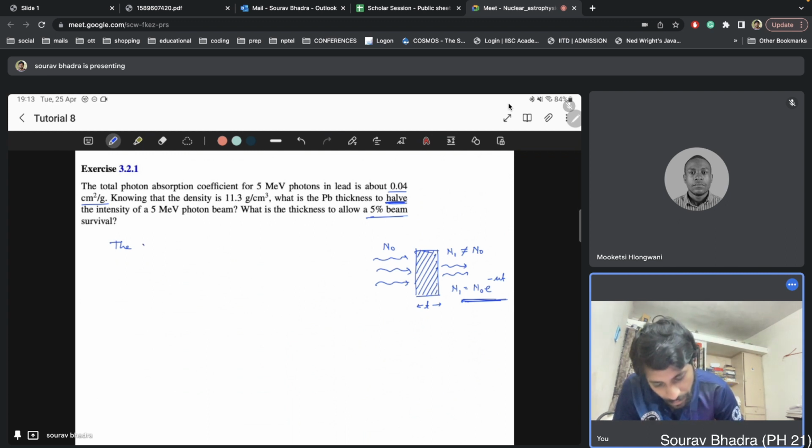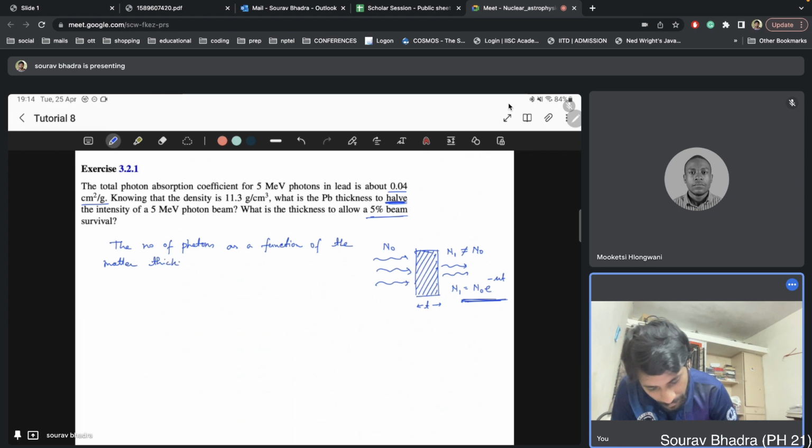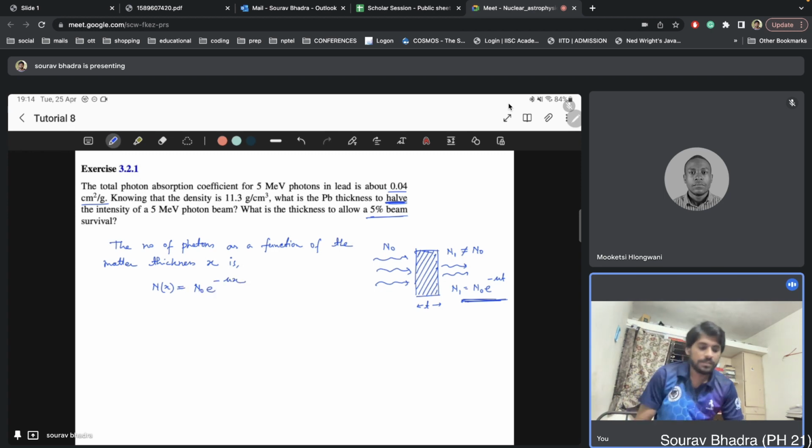So I am writing it, the number of photons as a function of the matter thickness x can be written as n of x equals n0 e to the power minus mu x. So nx is the intensity after the radiation passed through a material with thickness x.